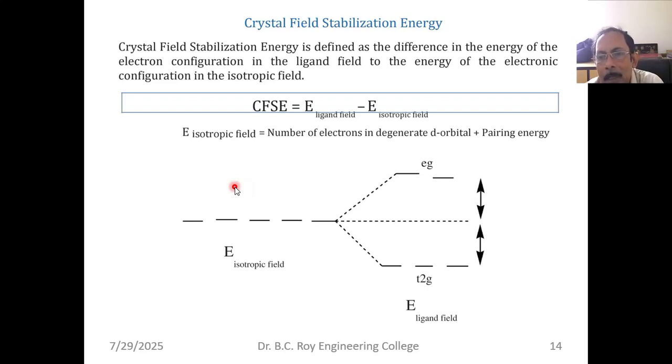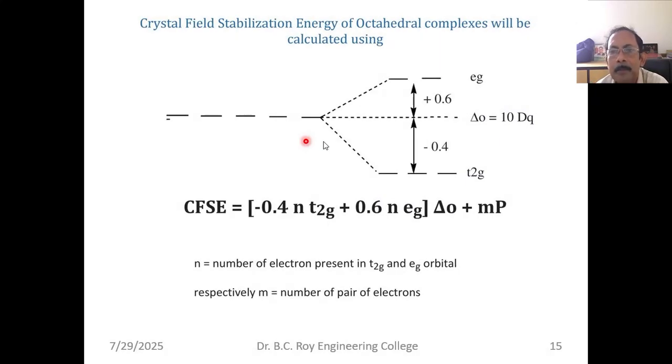Now the ligand is approaching and the splitting happened. So the CFSE value is the ligand field minus the isotropic field, the difference of the two. The difference between after the ligand field is created and before it is created is called the CFSE. So this is the isotropic field, and after the splitting occurred, we get the difference here.